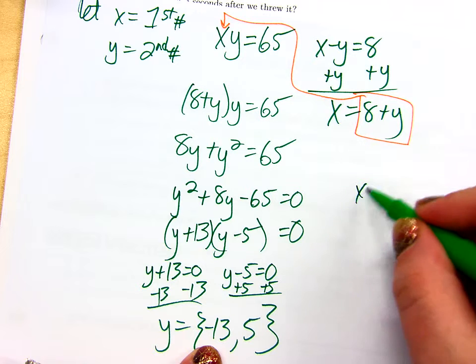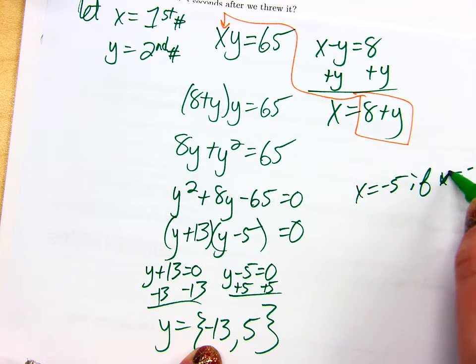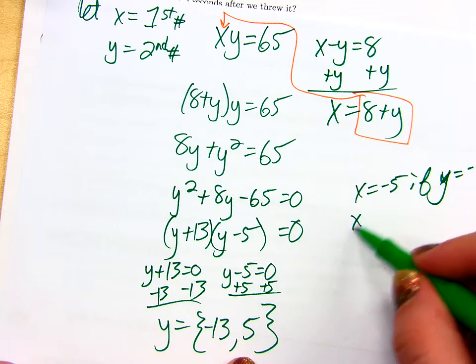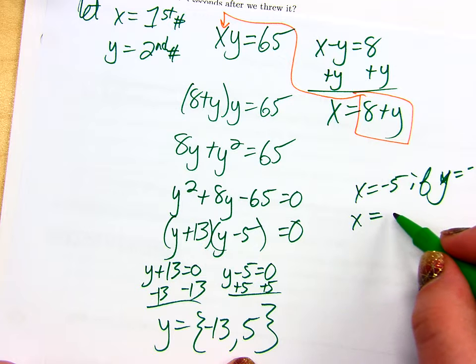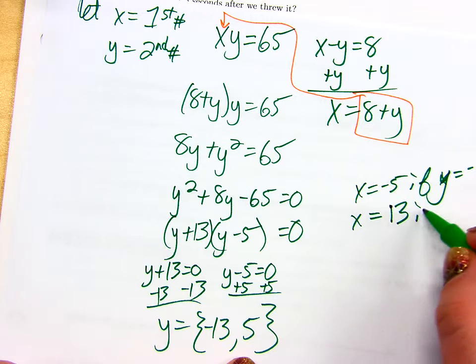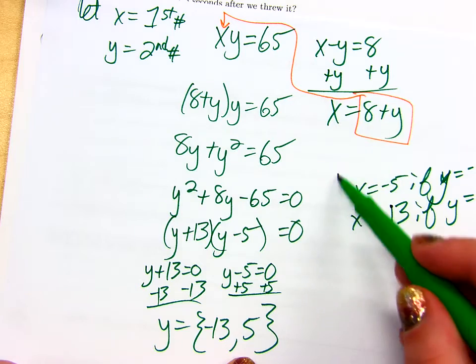Negative 5. So x equals negative 5 if y equals negative 13. And if y is 5, then x equals 13 if y equals 5. There's my two possibilities.